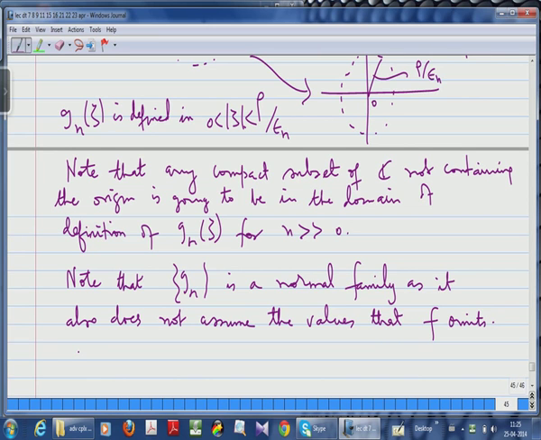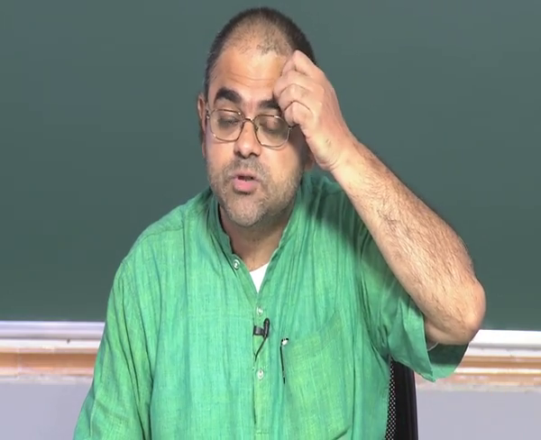What does it mean? It's a normal family, and mind you, for Gn, because these are zoomed functions whose domains are becoming bigger and bigger, you can think of them as a normal family with a limit in the punctured plane.